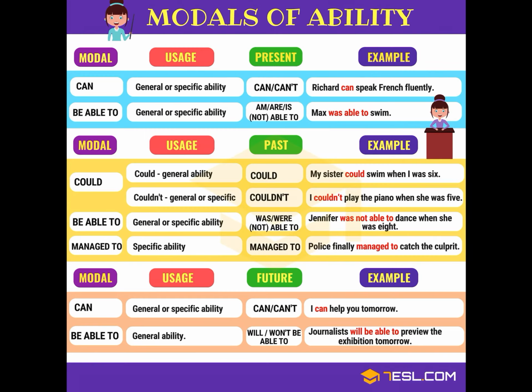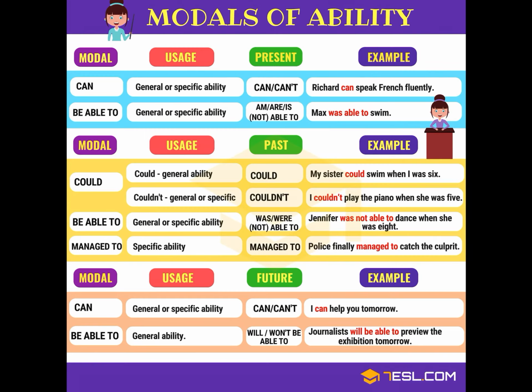Example, Richard can speak French fluently. Be able to, general or specific ability. Remember that this be, you have to conjugate it with are, is in present. Okay, and if it's in negative form, obviously you have to do it in a negative way.